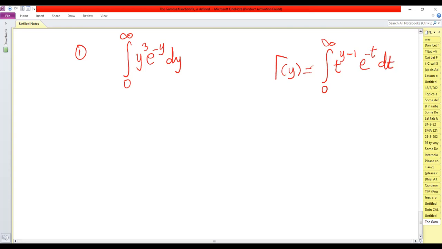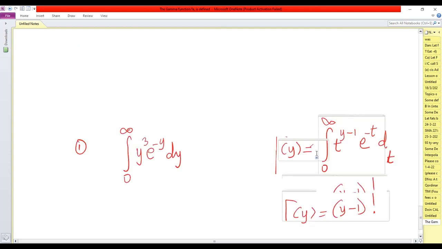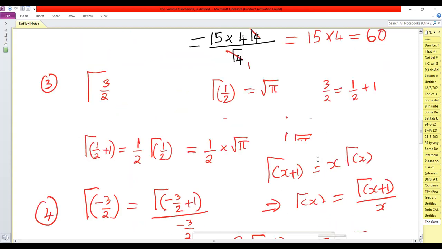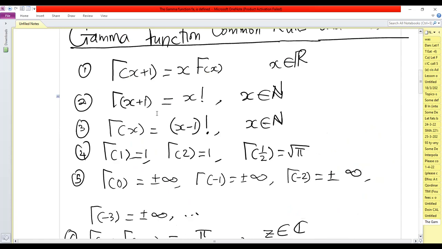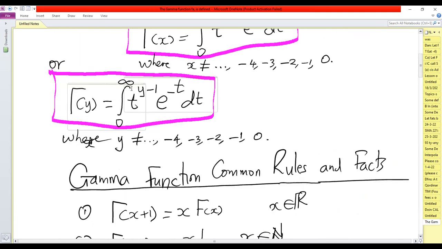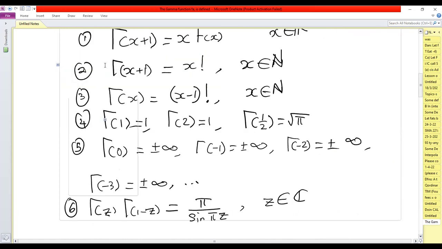So this is the definition of the gamma of y. And we also say that gamma of y is the same thing as saying y minus 1 factorial. So these are the formulas that we gave at the start of the session. So these are the definition, and then we are making use of this fact.